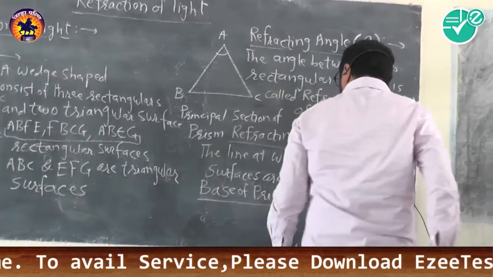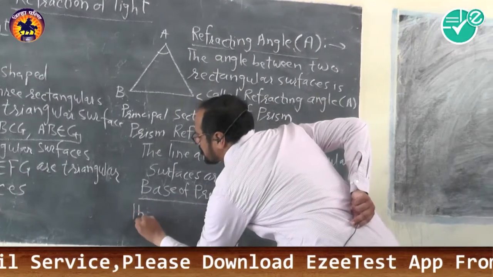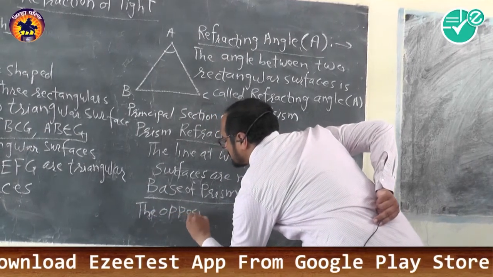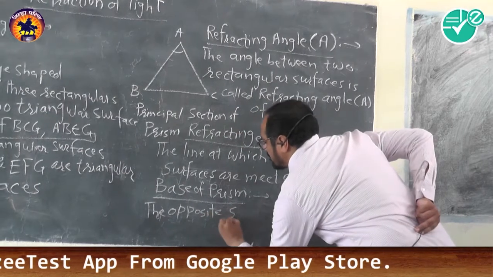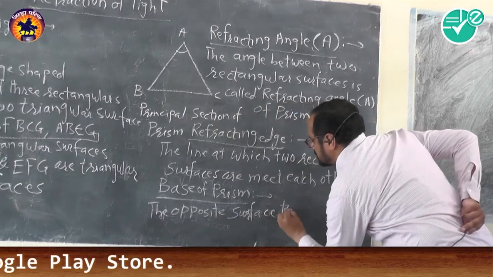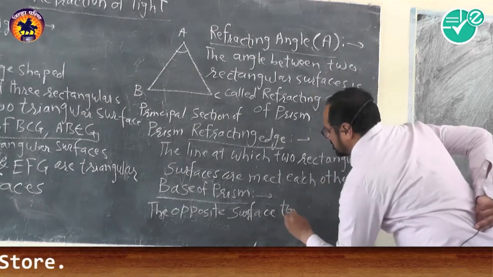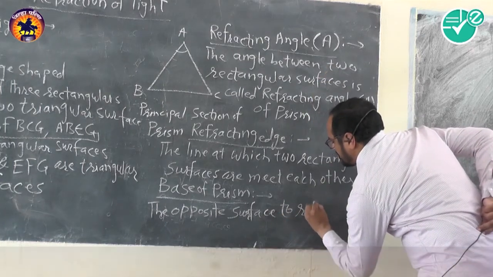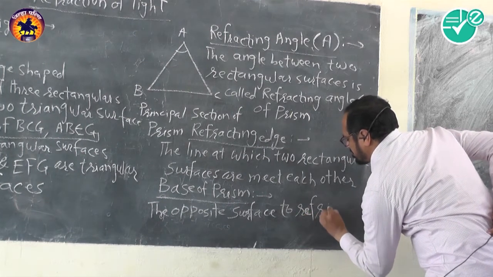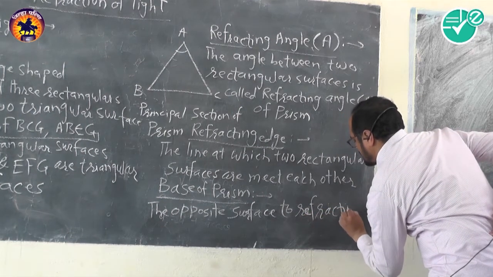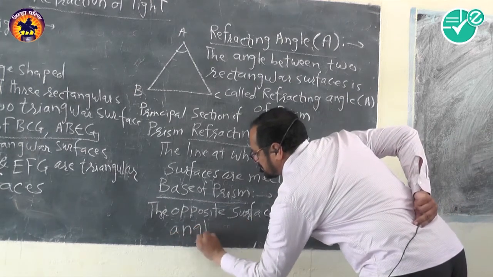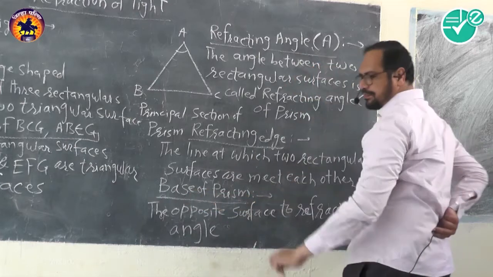We can write: the opposite surface to the refracting angle is called the base of the prism.